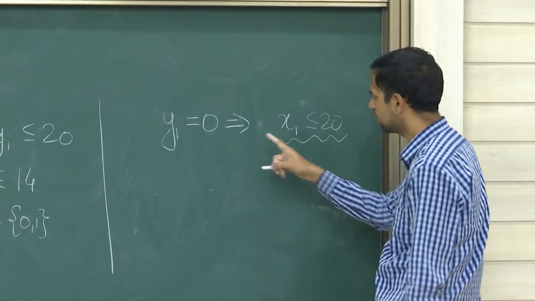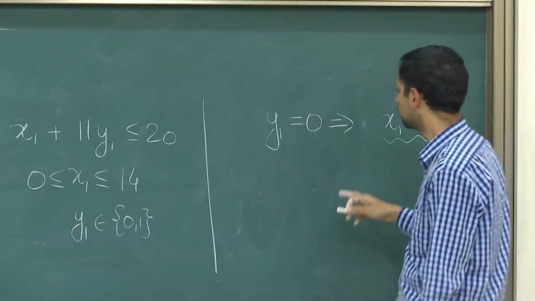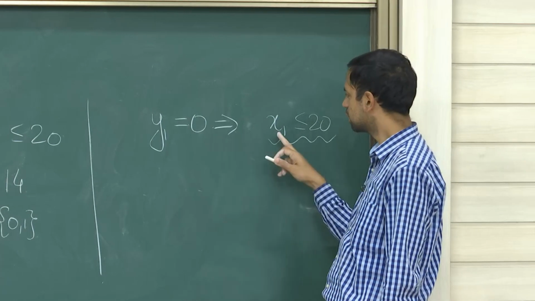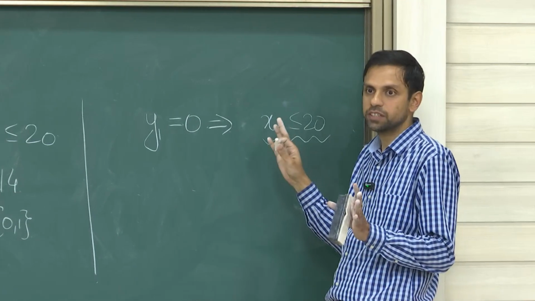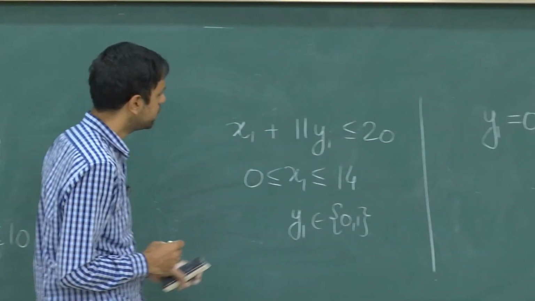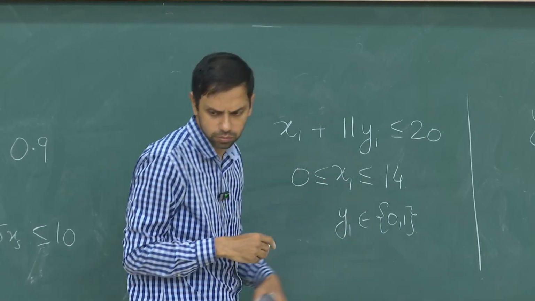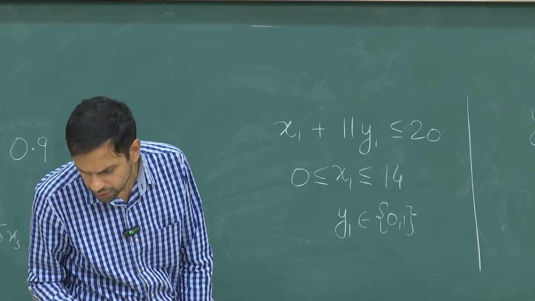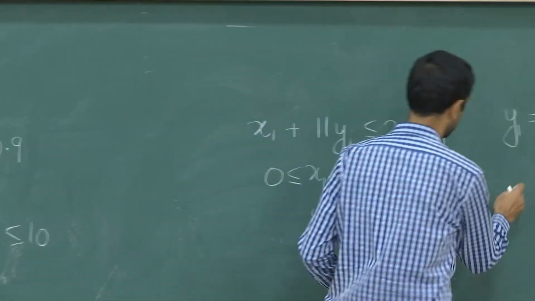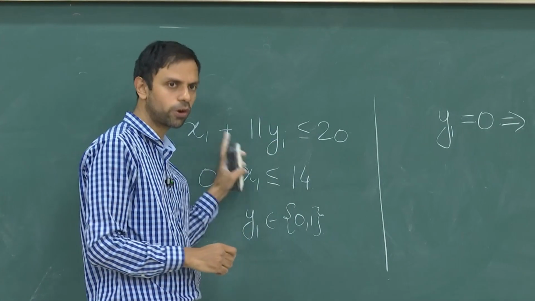I can try to change this constraint so that when y1 is equal to 0, this constraint actually becomes tight. So what I'm going to do is subtract delta from both sides. Remember that when y1 is equal to 1, this constraint is actually important.